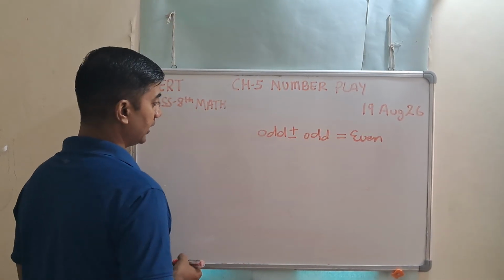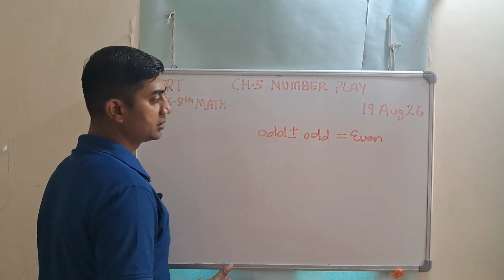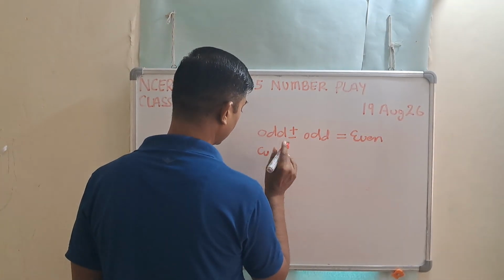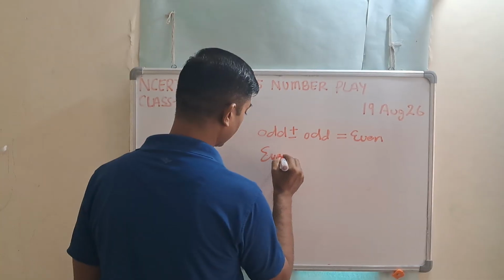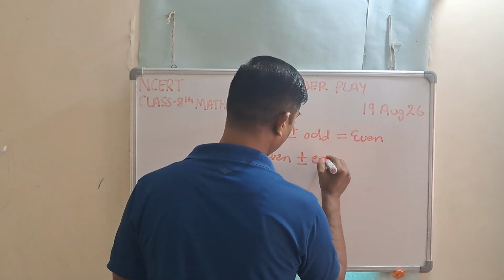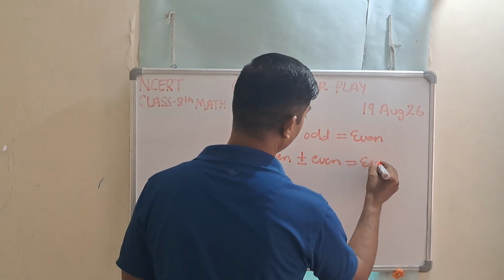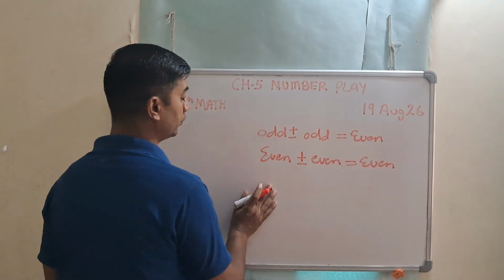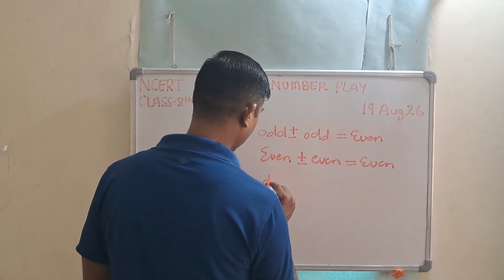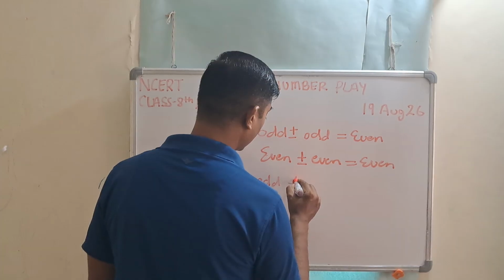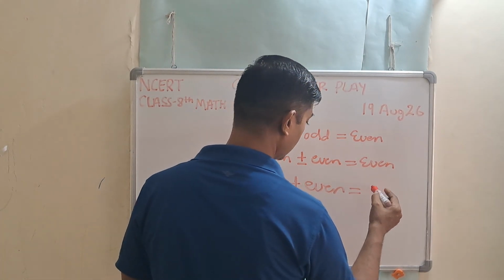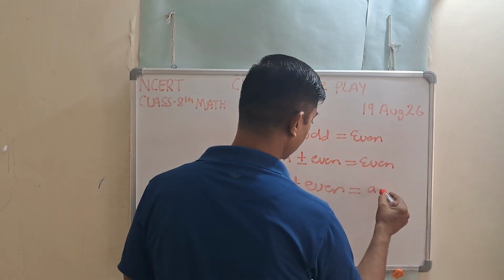Understood? Addition and subtraction of odd is always even, and addition of even and subtraction of even is always even. This you can prove. Understood? But addition of odd with even is always odd.